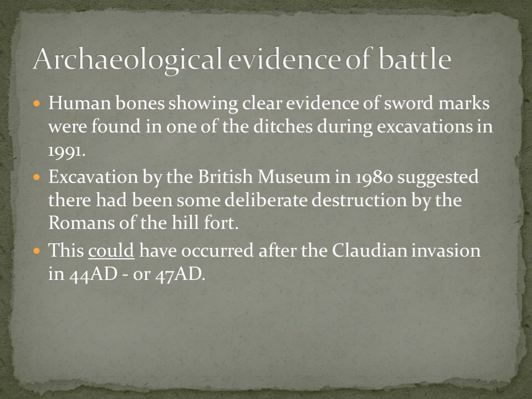There is some archaeological evidence of battle. There are human bones which show clear evidence of sword marks, and they were found in ditches during excavations in 1991. An earlier excavation by the British Museum in 1980 suggested that there had been some deliberate destruction of the hill fort, and that probably would have been by the Romans.